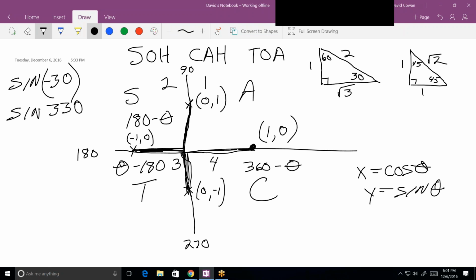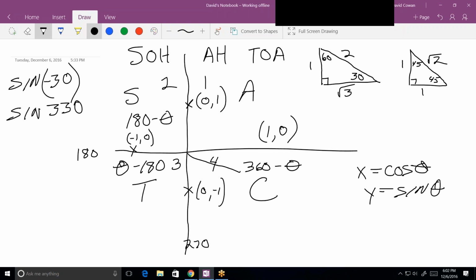In other words, if I draw it, now I'm going to have a hard time erasing this stuff without erasing my grid, but I'm going to try. Just draw another line through there. Okay, here's my negative angle.